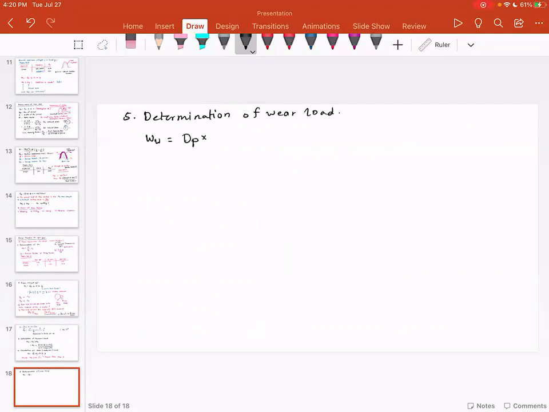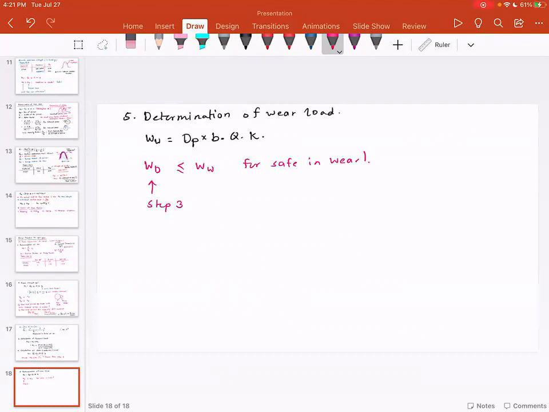Remember, this is always done for pinion, multiplied by B, multiplied by Q, multiplied by K. And the last step here is WD that we calculated from step 3. This is known from step 3. It has to be less than or equal to WW for safe in wear.